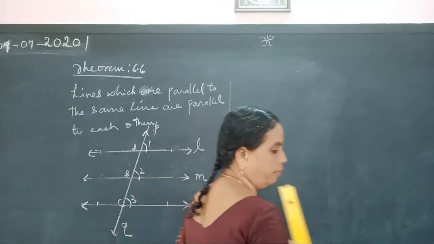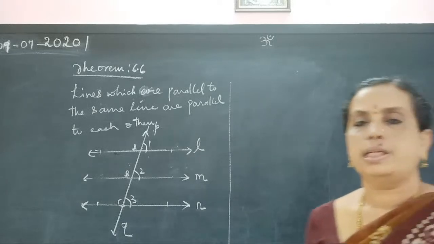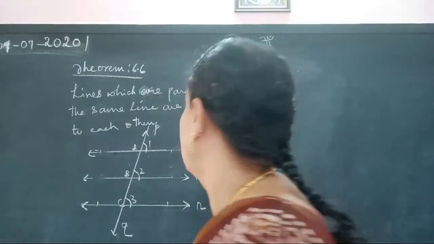For the theorem, we require all the steps that is given to prove, proof. Here, no construction. Okay? Shall we start the steps here?